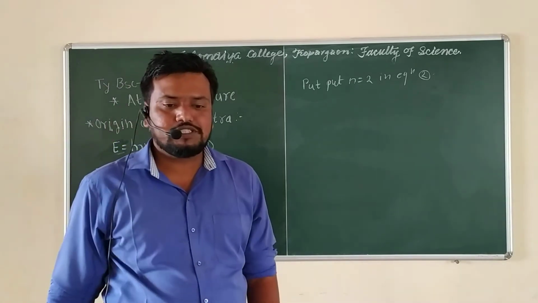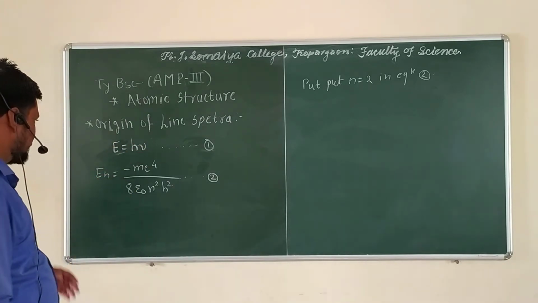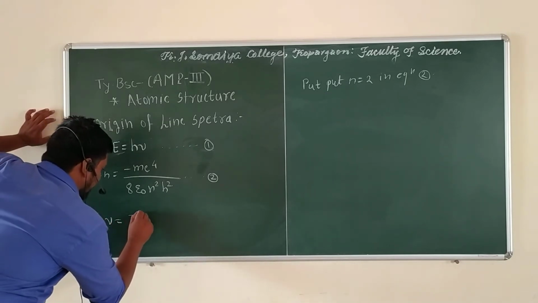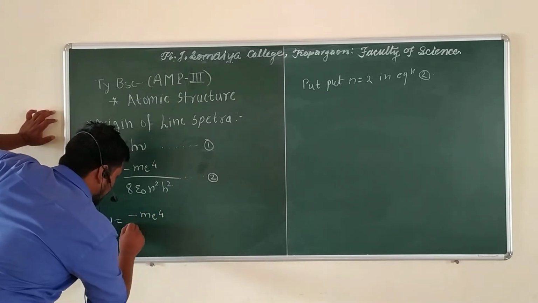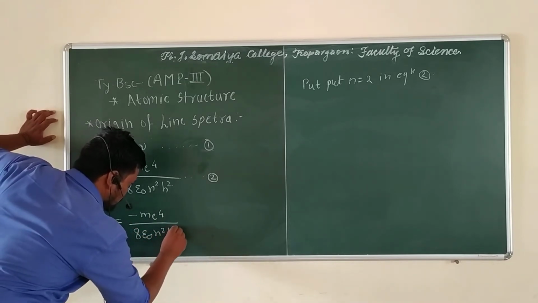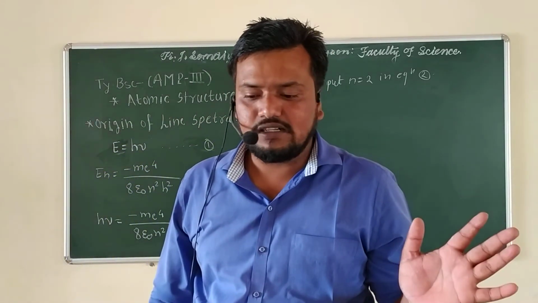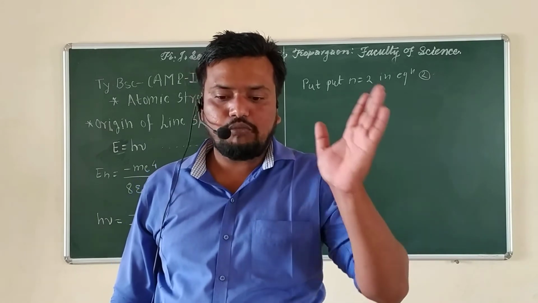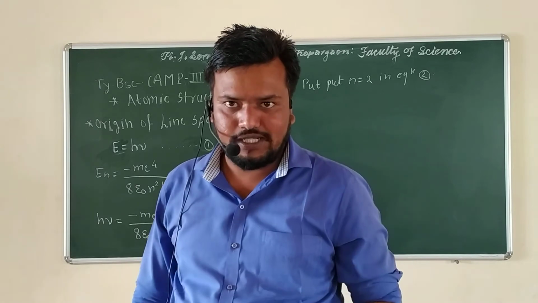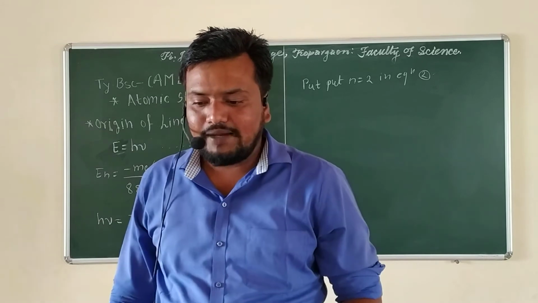Equating the right-hand sides of both equations, we get h nu is equal to minus m into e to the power 4 divided by 8 epsilon naught n square h square. But if we consider the transition of the electron from a higher energy orbit, the nth orbit, to a lower energy orbit, the mth orbit.